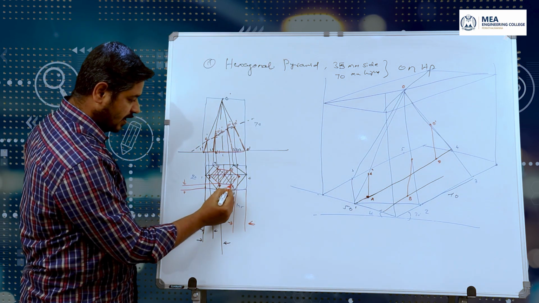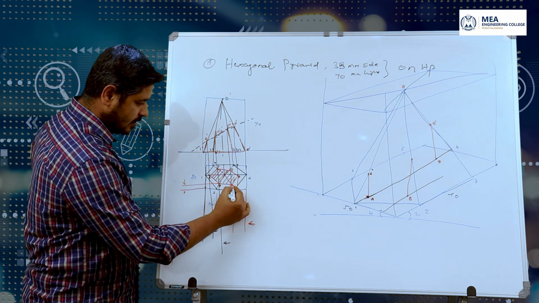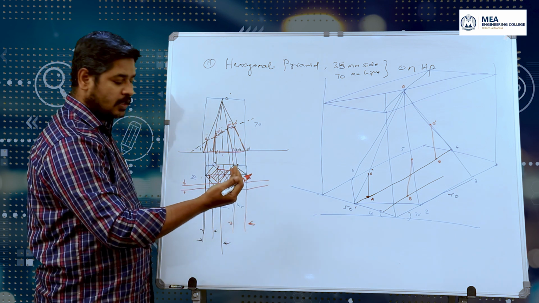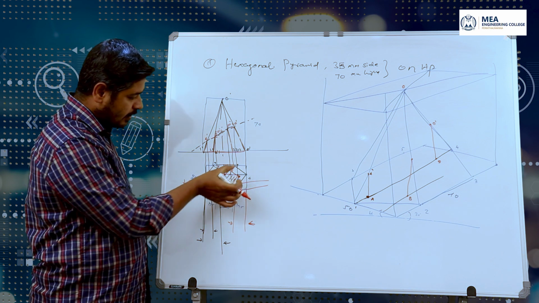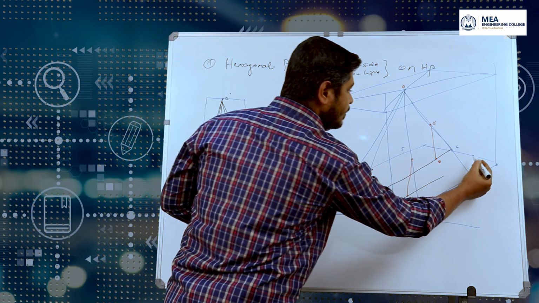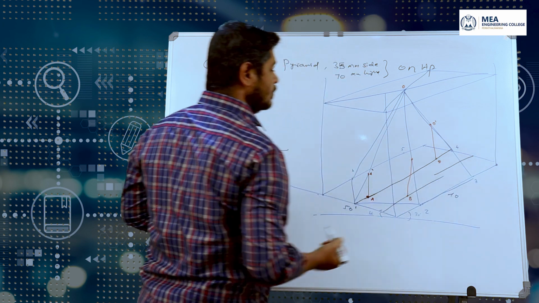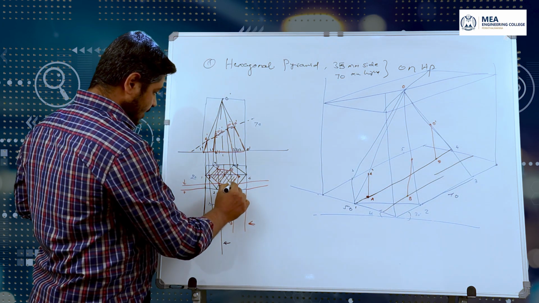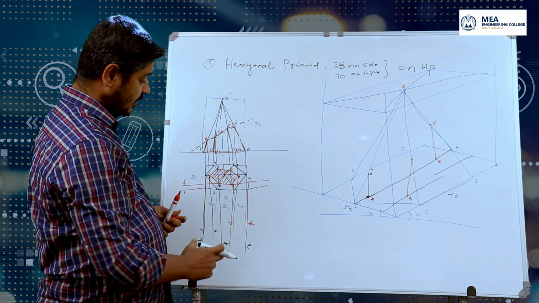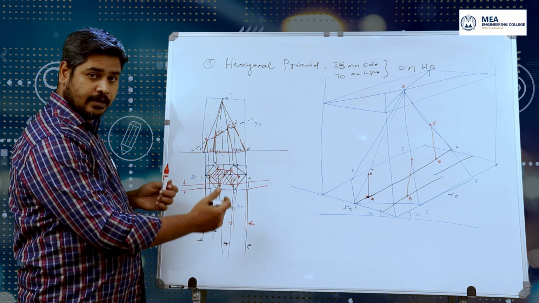Then go to the next point C. Do the same thing. Measure the distance from here. If it is in a straight line, no issue. But if it is not in a straight line, you have to measure the distance. Then fix it over here. Then measure the distance of 4 and C, this side. For understanding purpose, I am drawing a lot of lines.